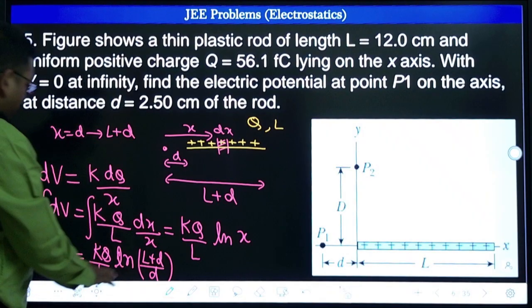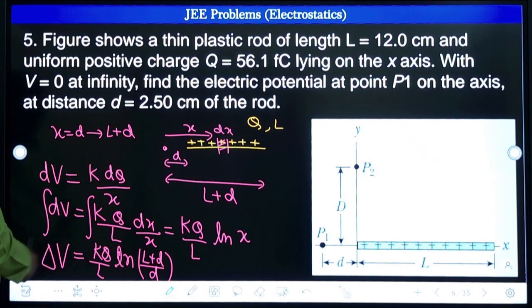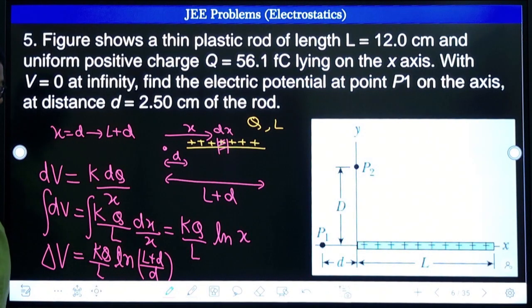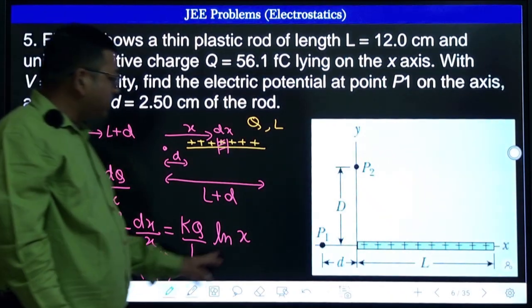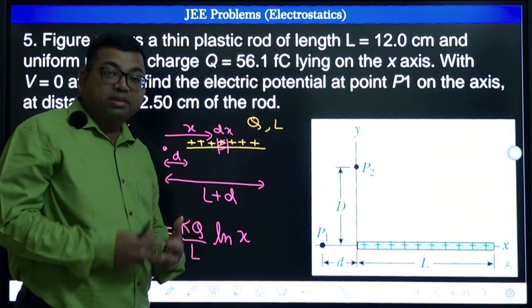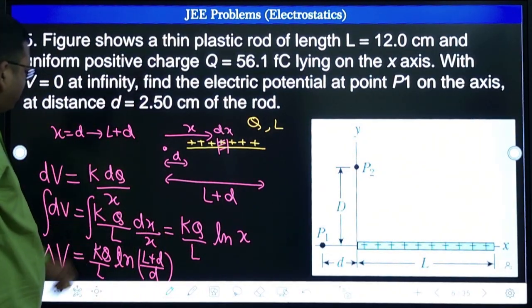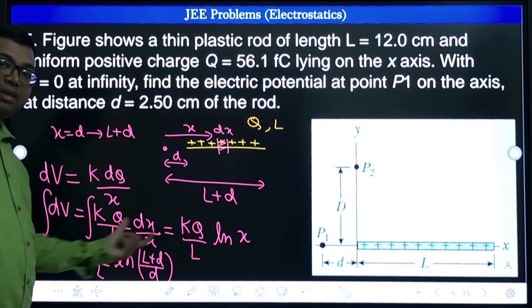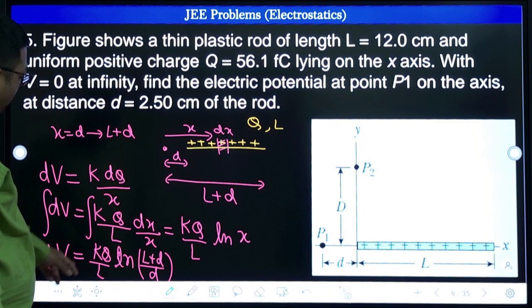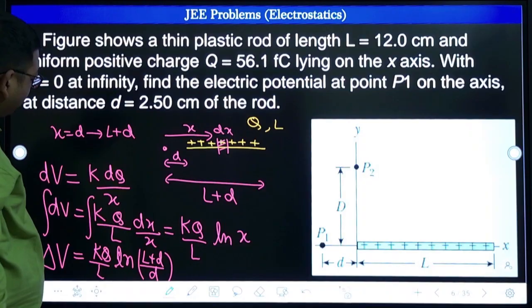So let us just consider this equation, where the potential difference is the same as the potential only. But note that if x is 0 we cannot define it, so this function may not be defined at some places. So you can just substitute. They are definitely asking the potential, so we can calculate this, right? And if we can calculate it, what will that be?